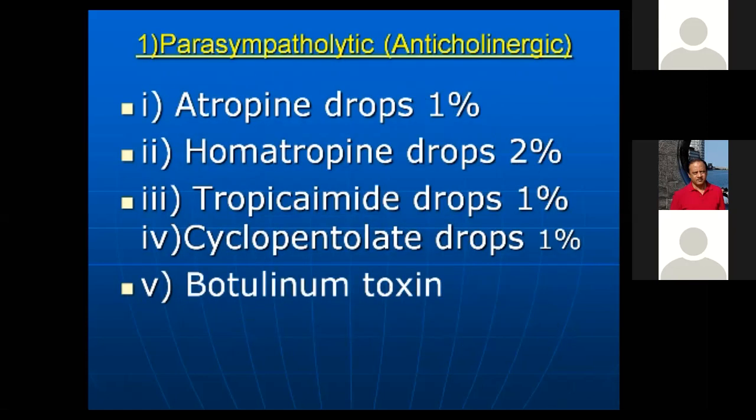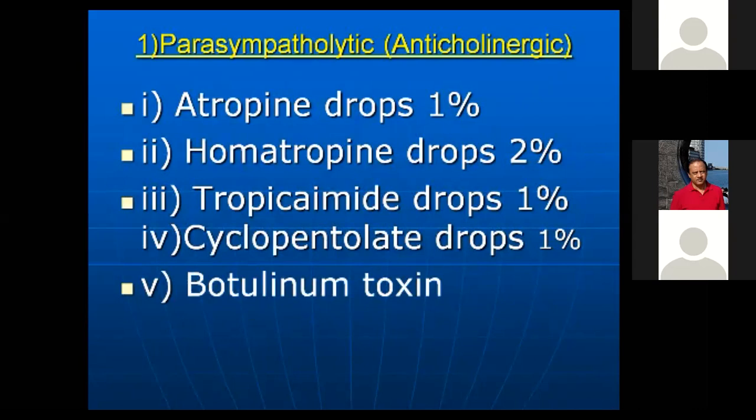Now, these are some of the important drugs which belong to this category, that is parasympatholytic drugs. The most important one is atropine. The others are homatropine, tropicamide, cyclopentolate, and botulinum toxin. Now, among these drops, you must know a few drops, the first two, they are very important, atropine and homatropine, and you must also know their percentages.